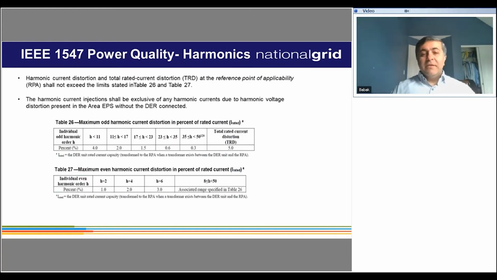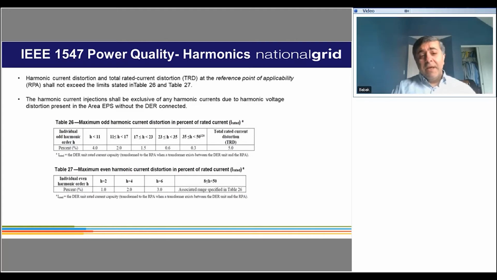But what we did in this 1547 section, we specified the harmonic limits for each DER facility. It can be one DER or multiple. The two tables here, table 26 and 27, specify the maximum odd and even harmonics for each DER.